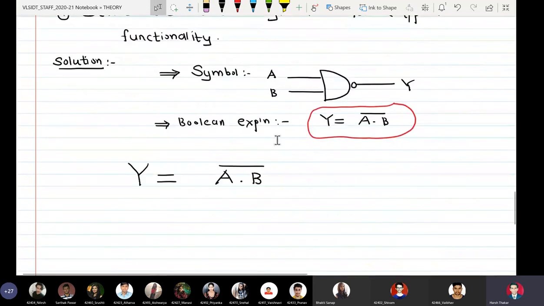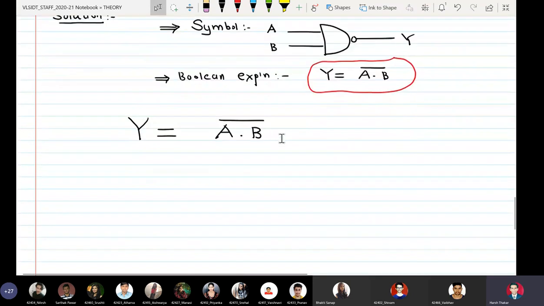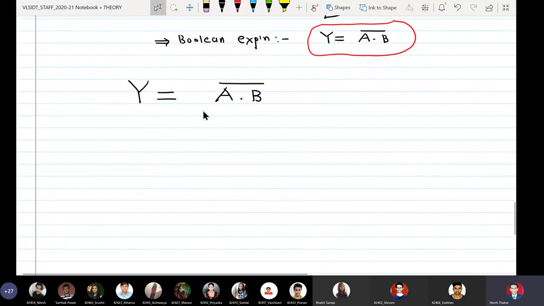Can we apply De Morgan's theorem to the expression? We can, because we have a bar over A and B. So by applying De Morgan's theorem, equation number 1 now becomes A bar OR B bar. This is my expression number 2.